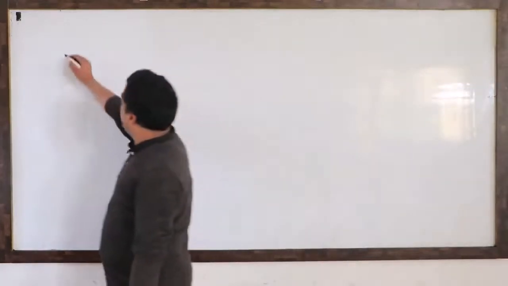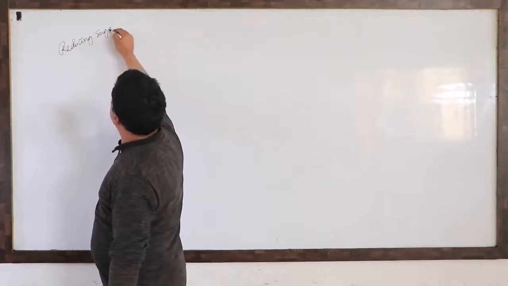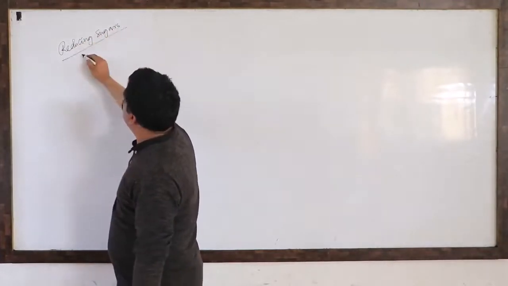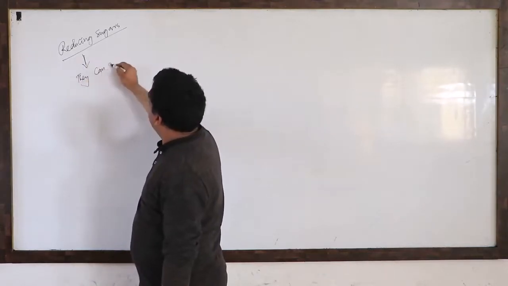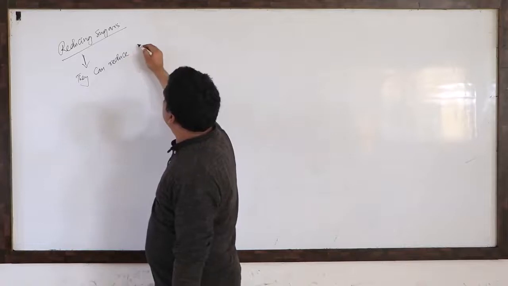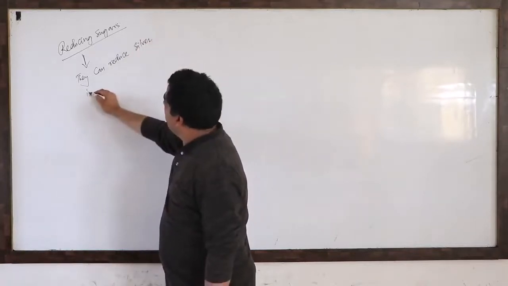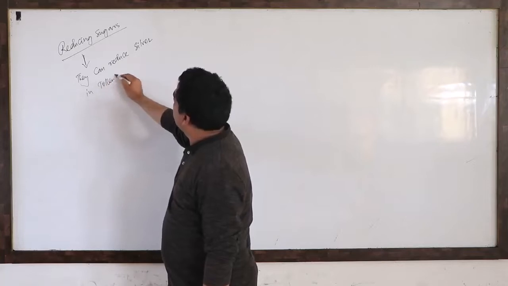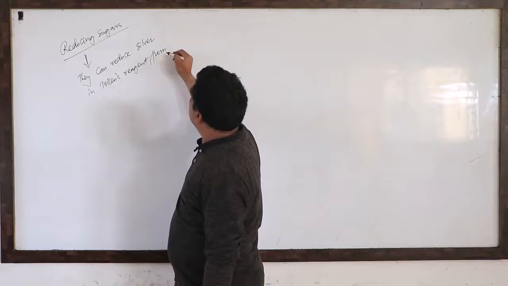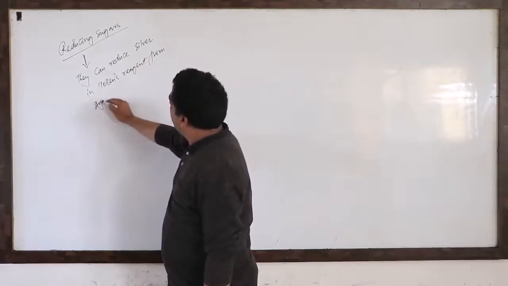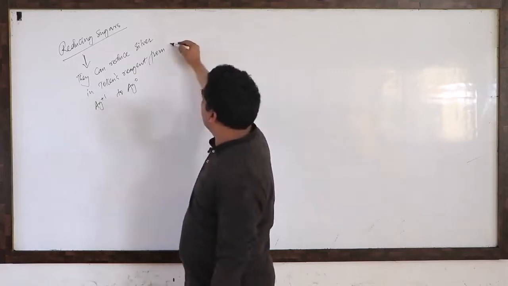So my dear friends, now you have understood reducing sugars. What are those? They can reduce silver in Tollens reagent from Ag+ to Ag 0. Remember this thing.